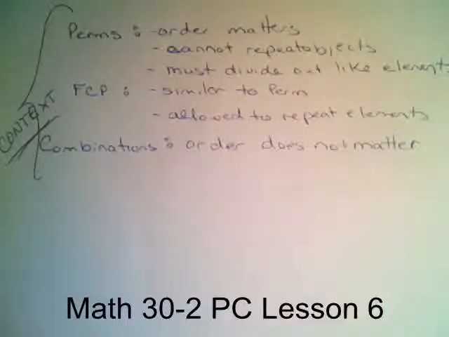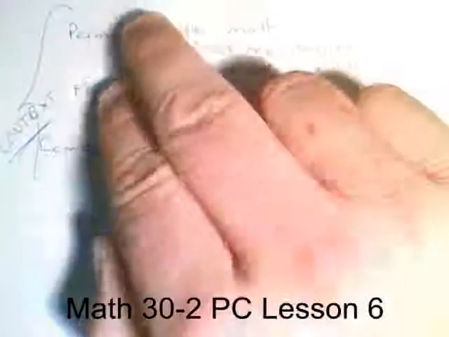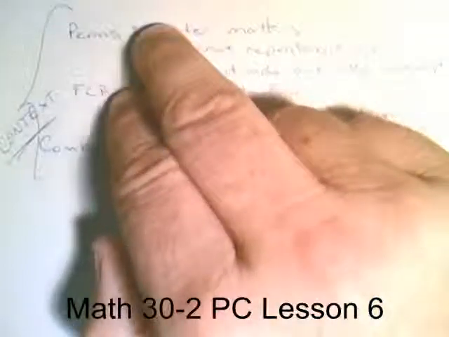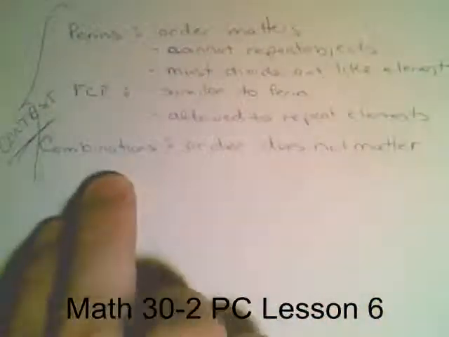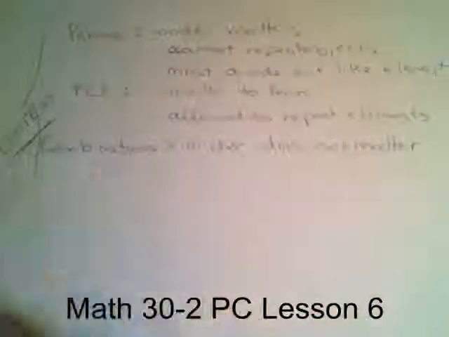In both cases, if there are like elements, if you've got multiple copies of an E or multiple copies of the number 5 or multiple chocolate ice cream cones, that sort of thing, you have to divide the factorials out. Okay, fundamental counting principle, permutations.